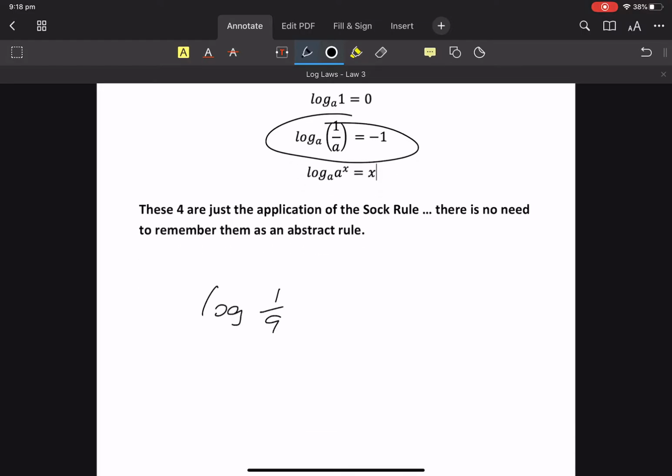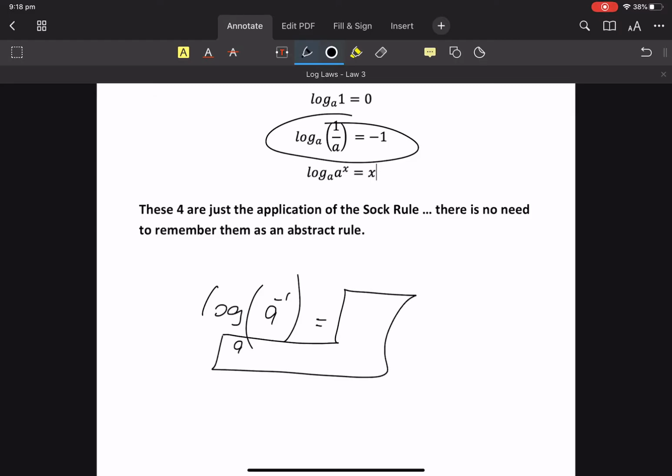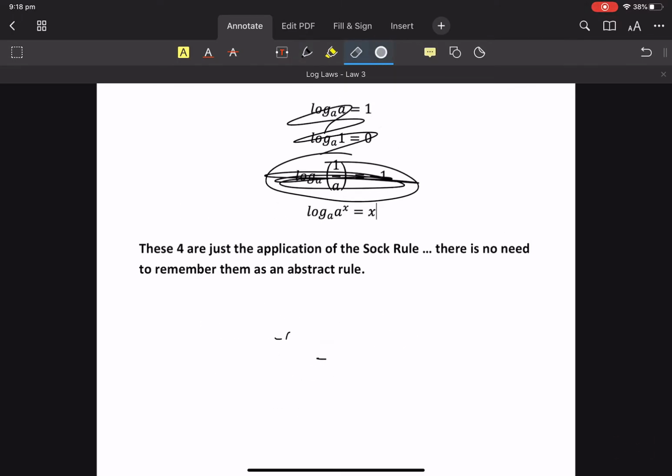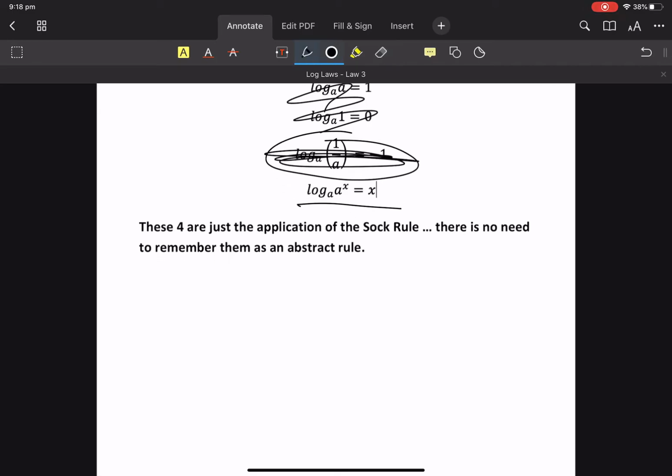Well, 1 on A, well, isn't 1 on A to the minus 1? So A to what power is A to the minus 1? Oh, minus 1? We don't need to remember these things. Silly textbook. Just making it complicated for you poor little kids.